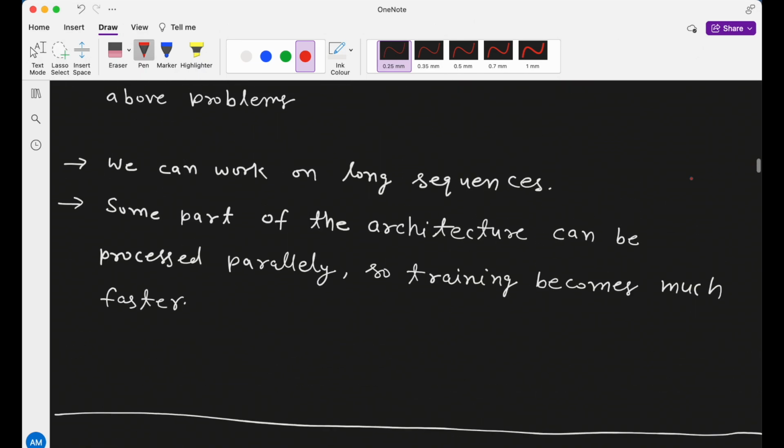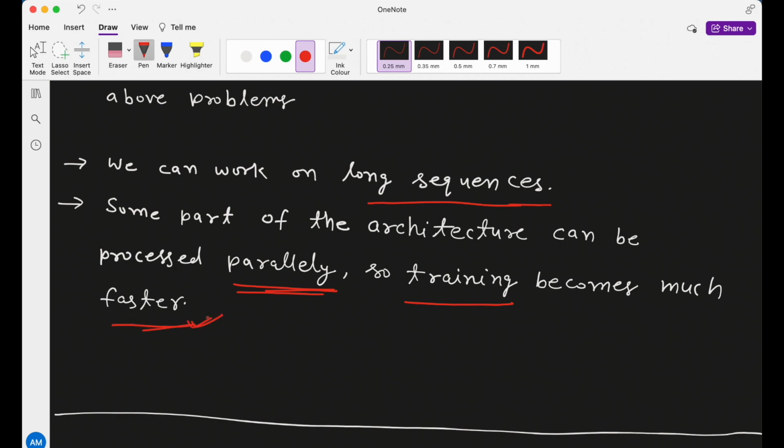Now we can work on long sequences, and some parts of the architecture can be processed in parallel, and because of that the training of the model became much faster.